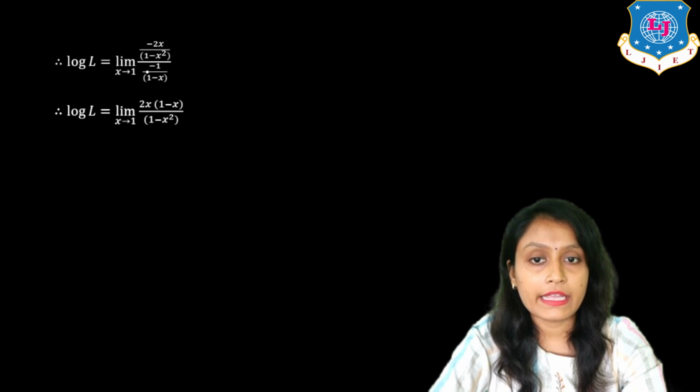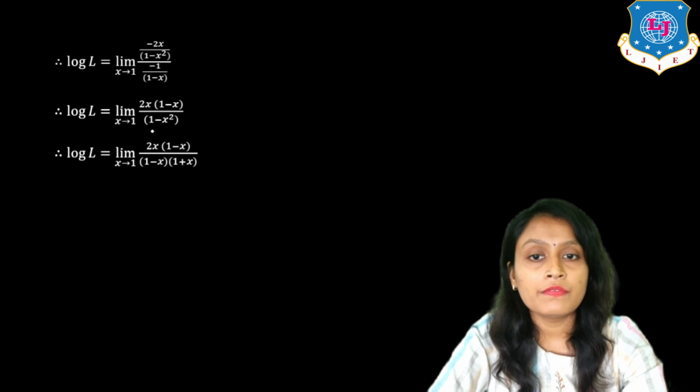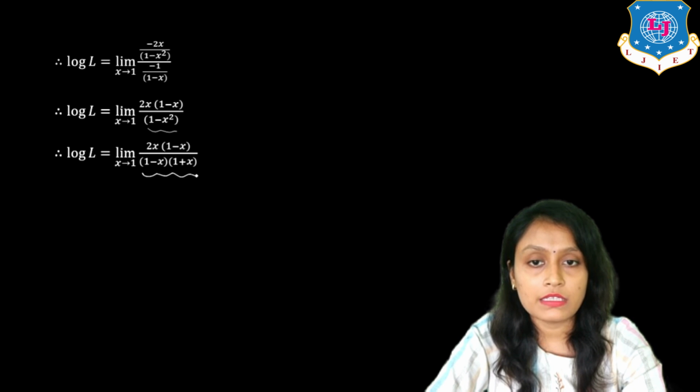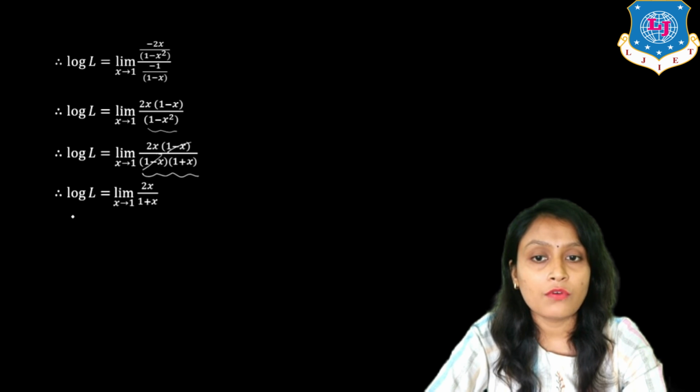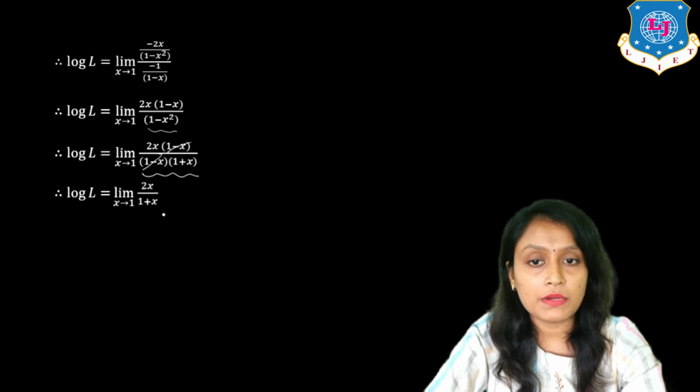This minus will get cancelled, so 2x. Bring this (1 minus x) in the numerator, okay, and this (1 minus x square) in the denominator. Now we will expand this, so we will write this 1 minus x square as (1 minus x)(1 plus x). This (1 minus x) will get cancelled and what will remain is log L is equal to limit x tends to 1, 2x upon (1 plus x).